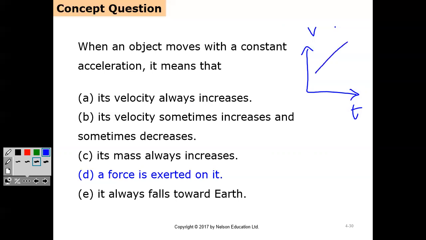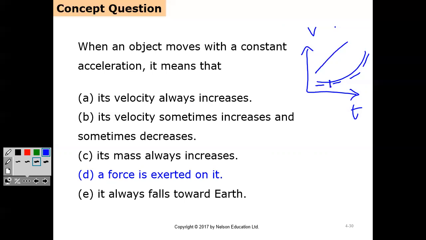This is constant acceleration. This is not constant acceleration. In this velocity-time graph, what happened? The velocity is increasing, right? So there is acceleration, but it is not a constant acceleration.